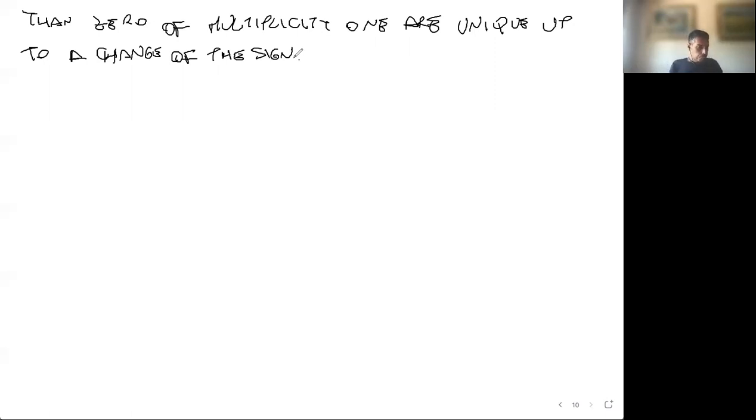Okay. So in other words, we can always compute this singular value decomposition.